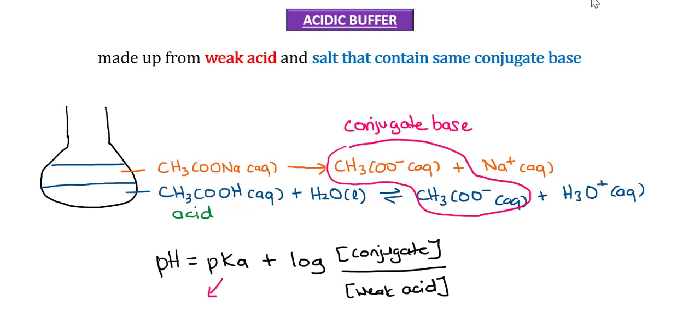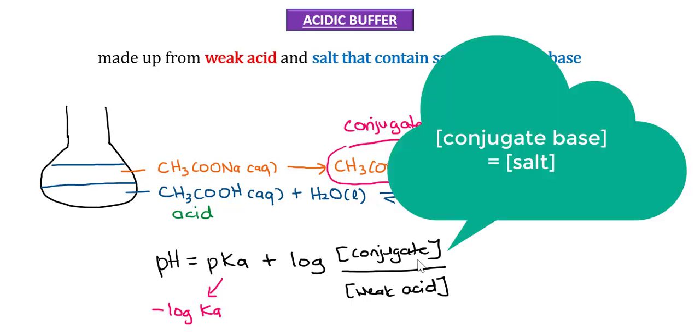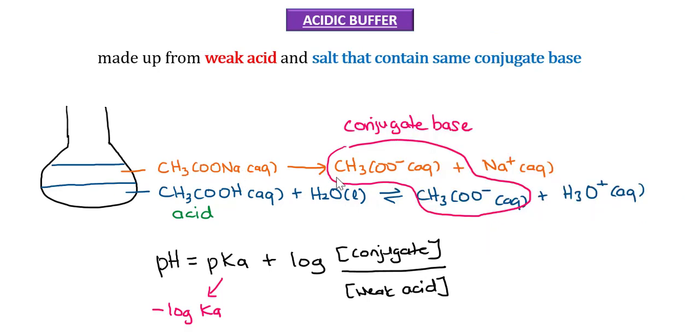Remember, pKa equals negative log Ka. The concentration of the conjugate base equals the concentration of the salt, since the salt will fully dissociate and form the conjugate base ion.